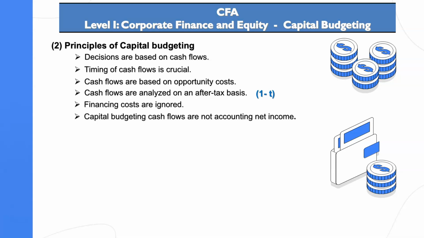Then, the capital budgeting cash flows are not accounting net income. Why? Because in accounting, we charge many non-cash transactions such as depreciation and amortization. And why don't we take the depreciation into account? Because when we calculate the cash in, we also put the cash out.